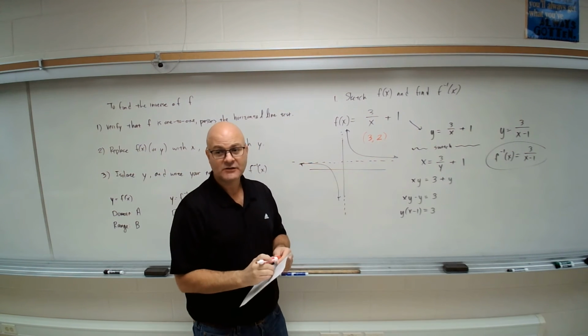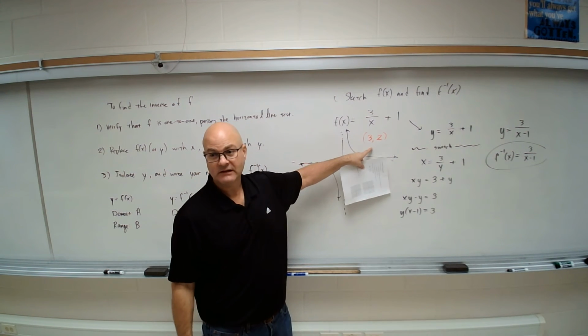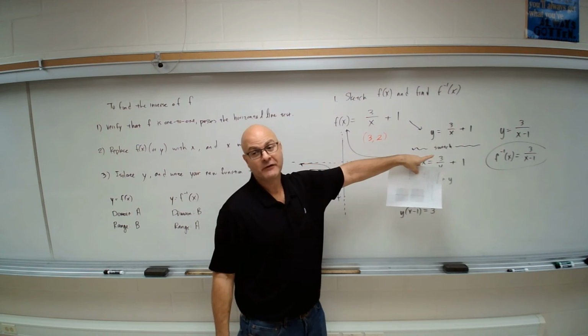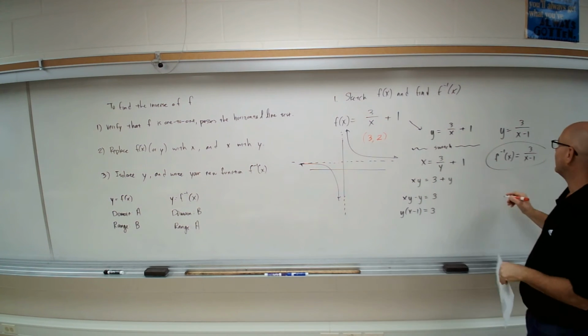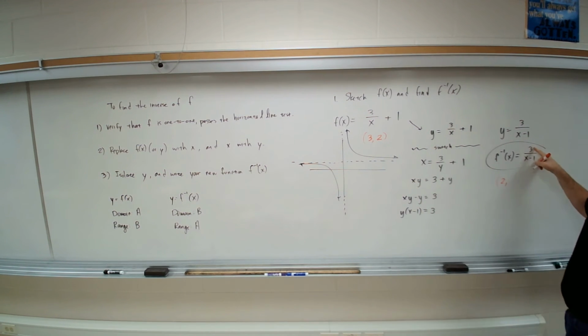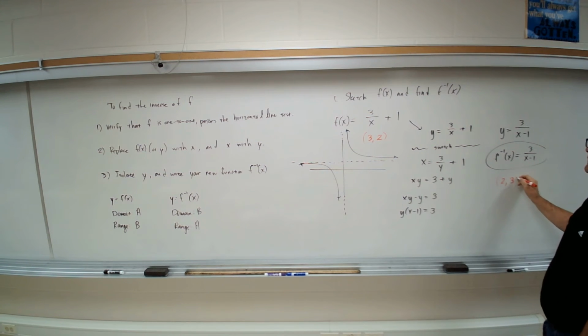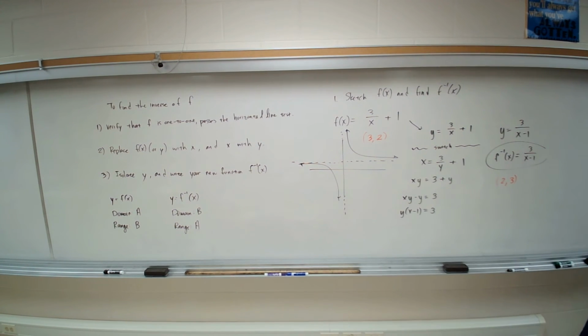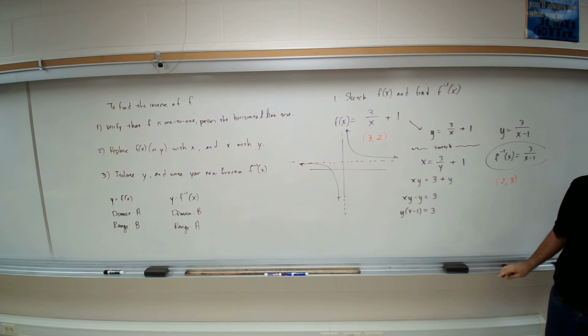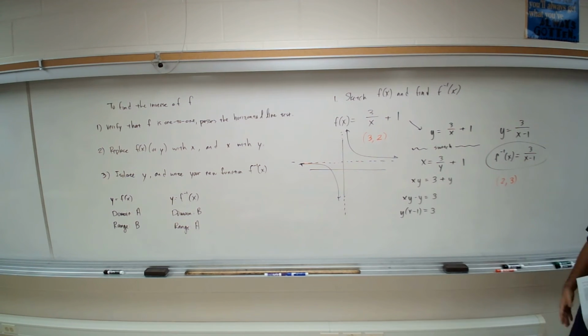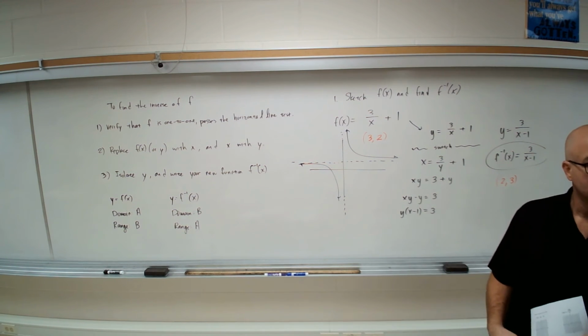So this is a point on the original function. Now what do you think I'm going to do to the new function? I'm going to plug in 2. We plug in 2, we get 3 divided by 1, which is 3. Now is that a guarantee? No. We'll talk next week about how to guarantee that they're inverses. But it's going to catch most of your mistakes if you do it wrong.